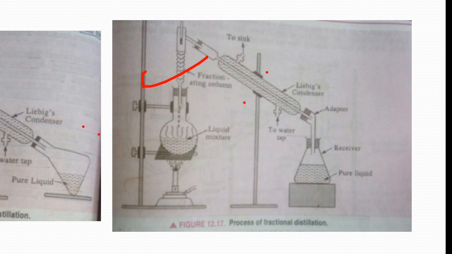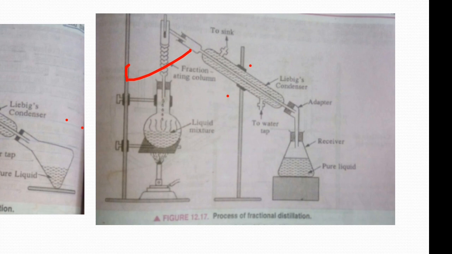So how can we separate that? Here we are using a fractionating column. Both will evaporate. The one having a low boiling point will evaporate first, and the second will evaporate after that.